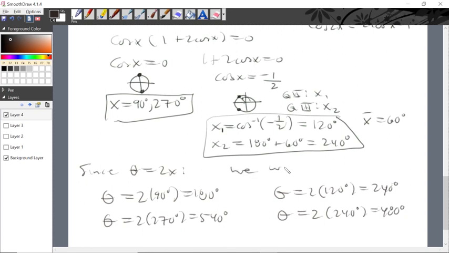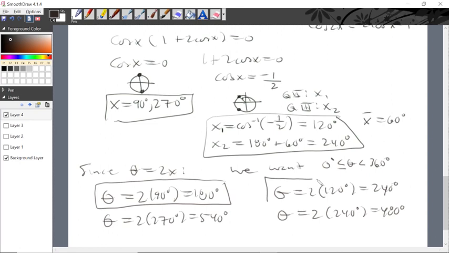Remember that we want theta to be between 0 and 360 degrees. So of these solutions, which ones are between 0 and 360 degrees? We have 180 degrees is in that interval, and we have 240 degrees is in that interval. But notice that the 540 degrees and the 480 degrees are not in that interval.